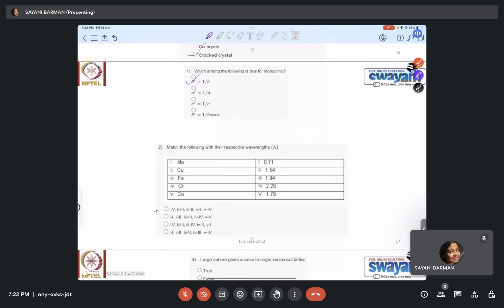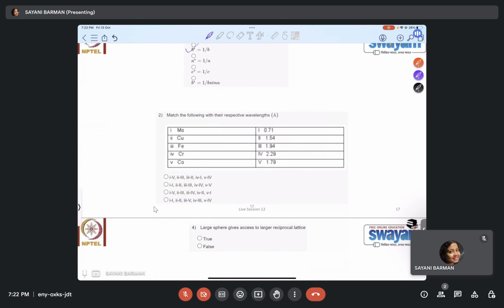The next one is to match the following wavelengths with their respective elements. So you already know that molybdenum is 0.71 only and copper is 1.54 only. This is what we usually talked about and most commonly used. So let's find: 1 is 1, D or D. Then the next one, 2 is 2, same.